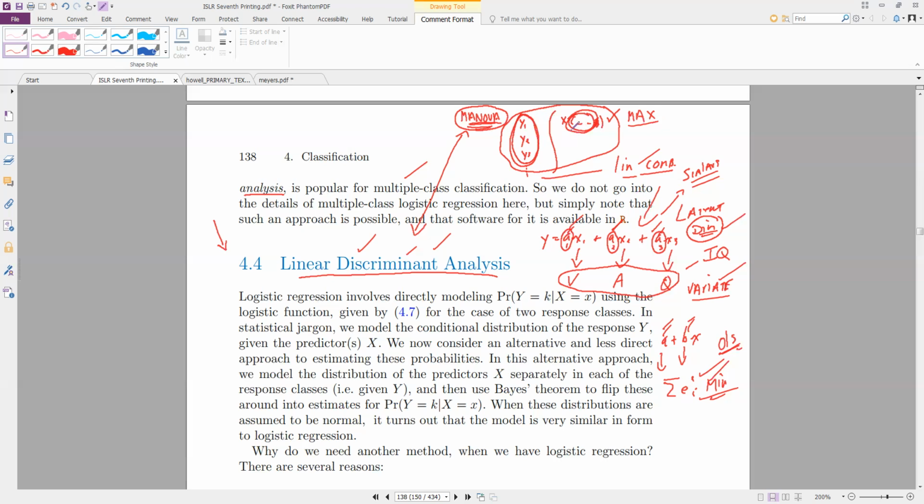I'm going to take this information here and I'm going to flip it. Okay, I'm going to flip it around. So I'm going to take X and I'm going to put the two categories here. I'm going to take Y1, Y2, Y3 over here. So I flip the roles of the independent and the dependent variables.